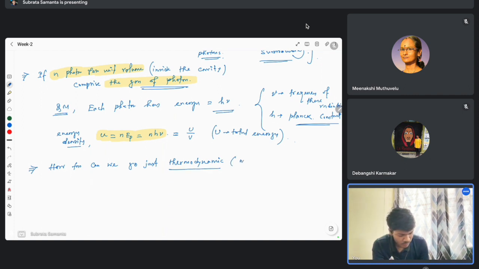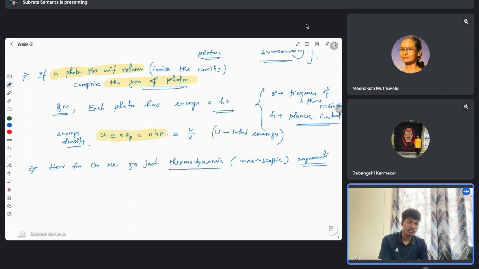That means macroscopic arguments. And we will explicitly see where this macroscopic argument fails and we need a microscopic picture, that means the quantum mechanical picture.